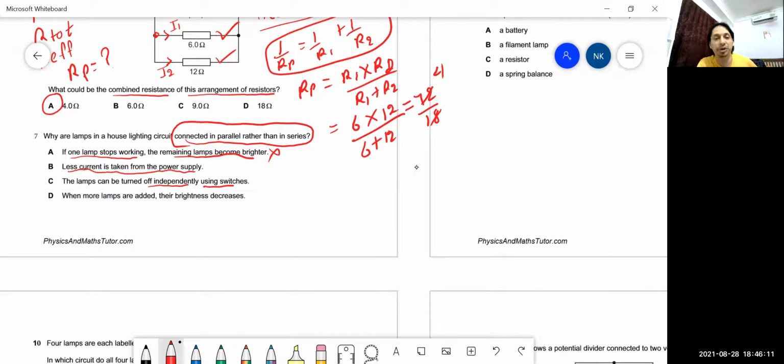So that is the specialty, the benefit of parallel combination. Whatever device or appliance you want to switch on or off, you can do it independently. So the right answer is C. When more lamps are added, their brightness decreases. In parallel, however many bulbs you connect, this is not going to decrease their brightness.